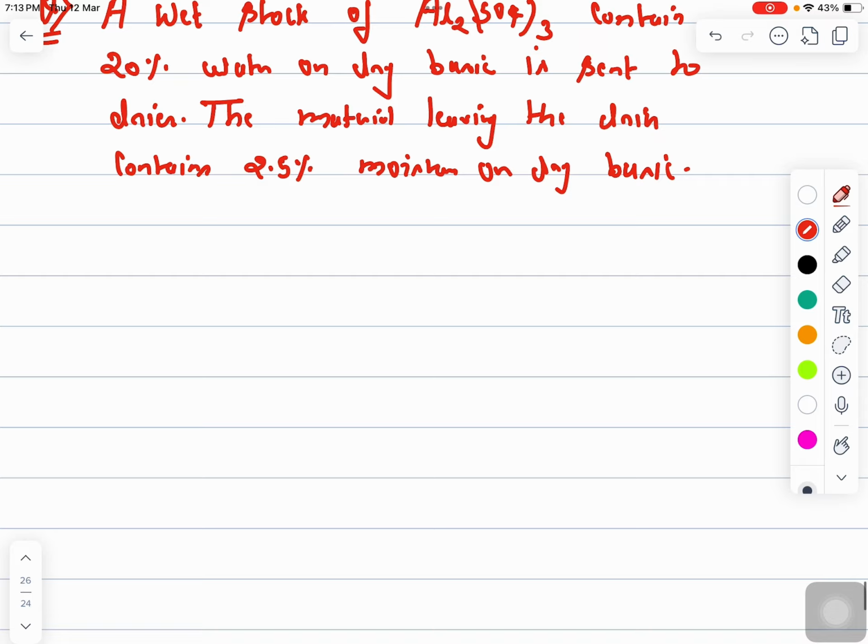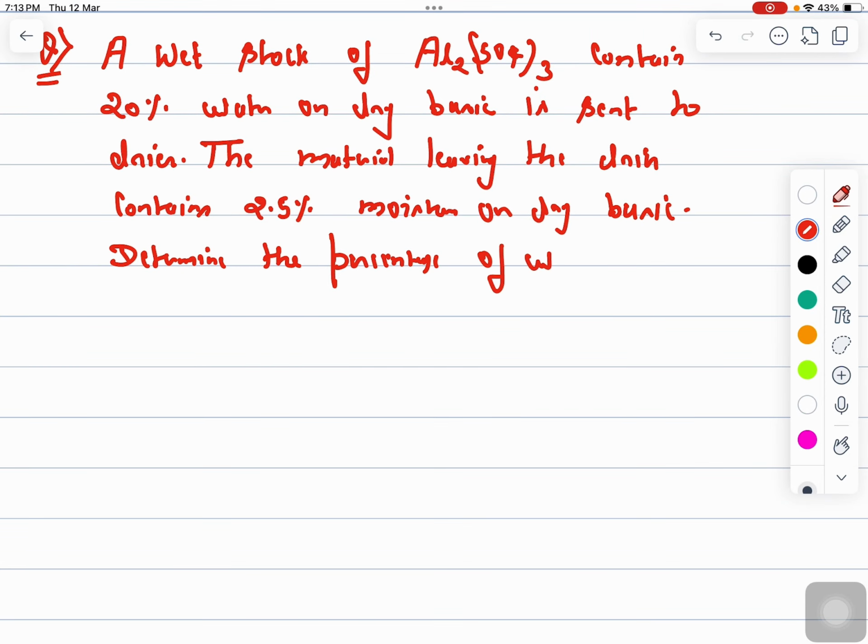So you have to determine the percentage of water removed in the drying operation, right?